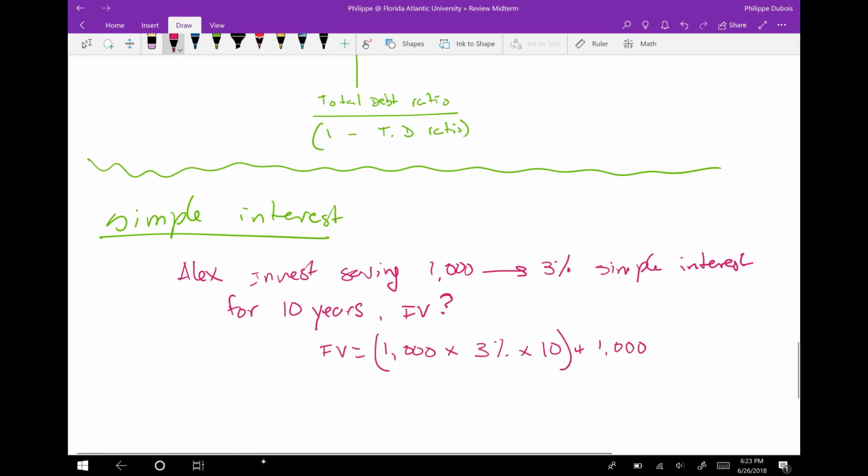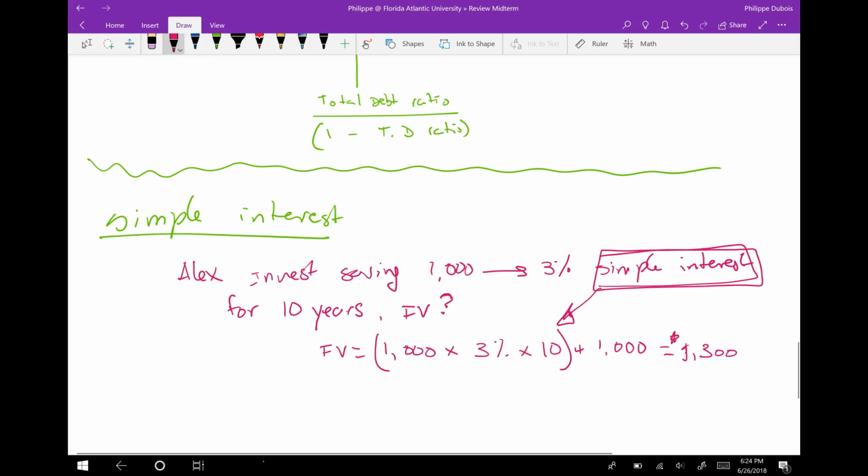That's the whole formula, plus the principal, 1,000. So here, the future value would be $1,300. Okay, that would be his future value, the future value of his investment if he leaves it in this account for 10 years and the account is paying simple interest as opposed to compounding.